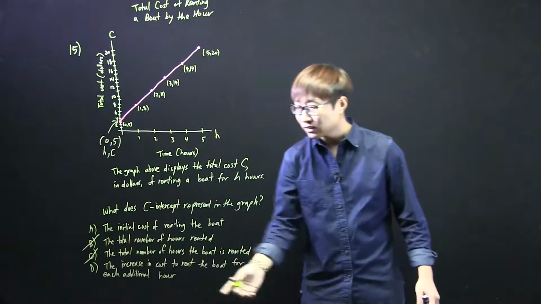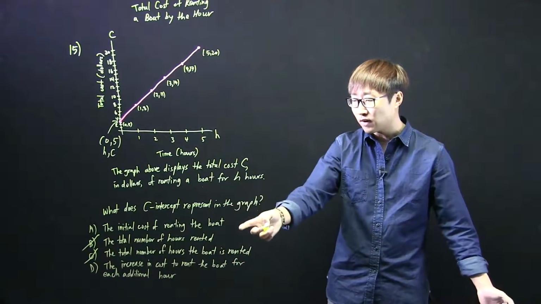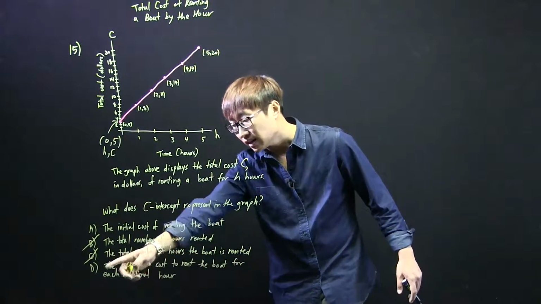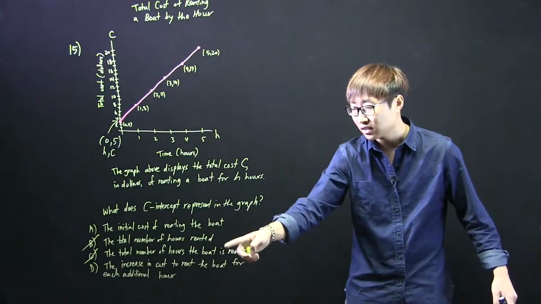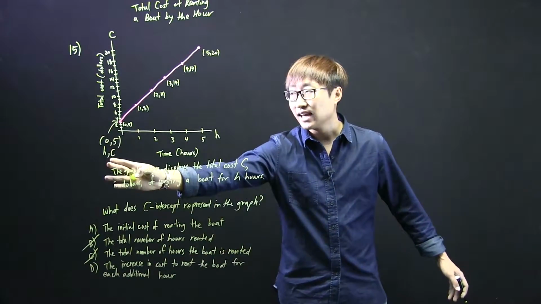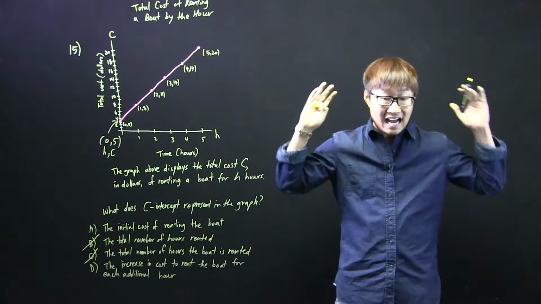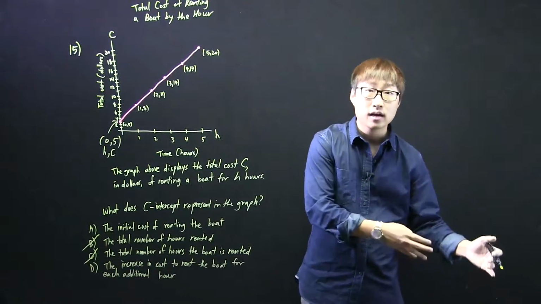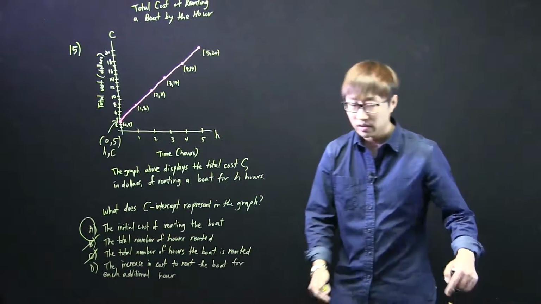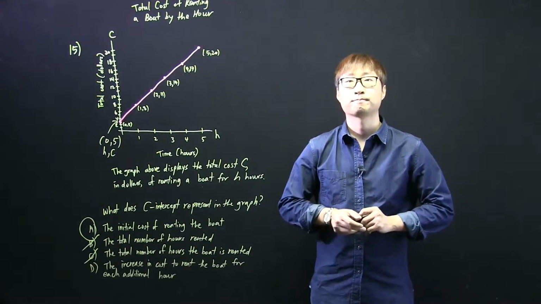In fact, B and C sound the same: the total number of hours the boat is rented. I mean, what else is being rented? D, the increase in cost to rent the boat for each additional hour. Once again, we just said the $5 is for not even using it just yet, because it's probably the initial cost of renting the boat.